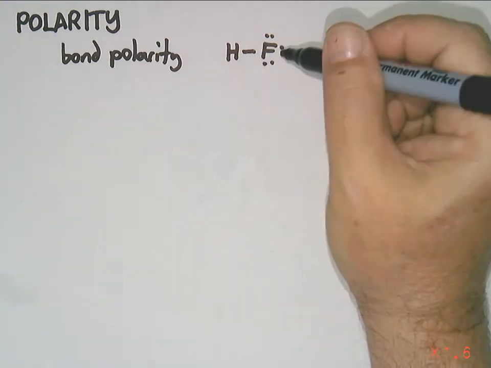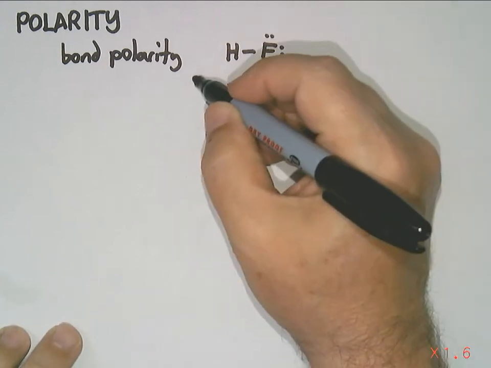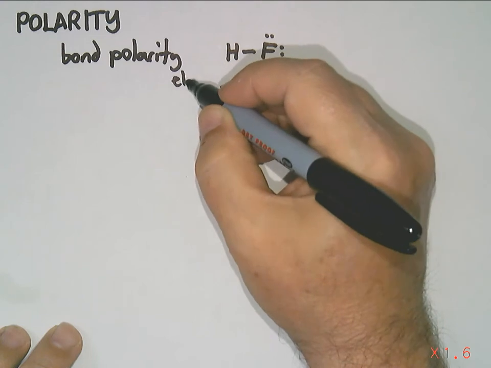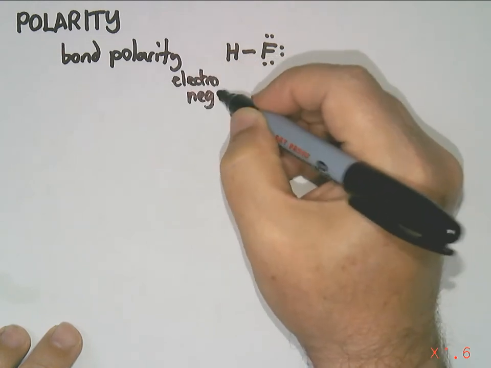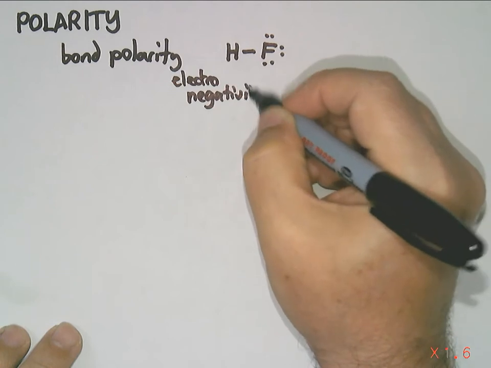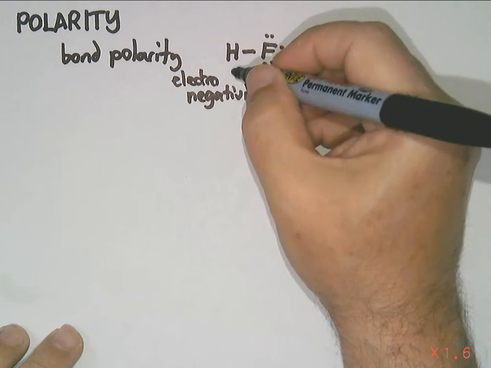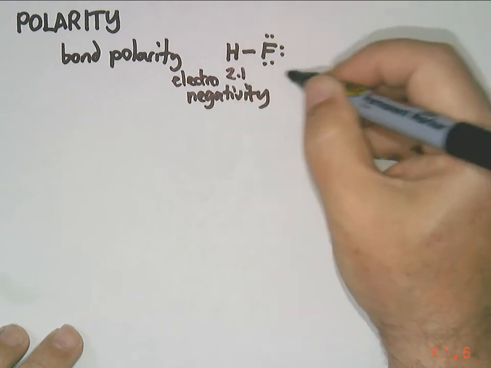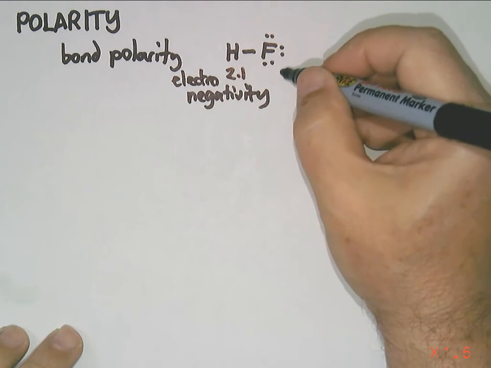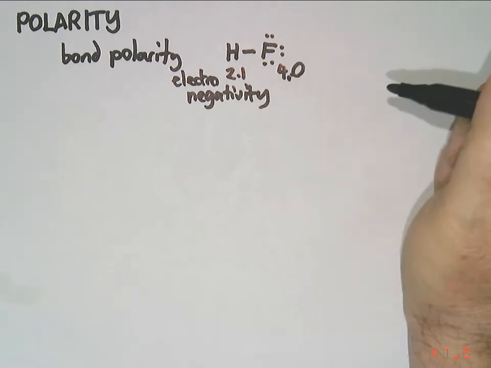When you've got two atoms that are bonded together and their electronegativities are much different, the electronegativity for H is 2.1 and the electronegativity for fluorine is 4.0, if I'm using the Pauling scale.